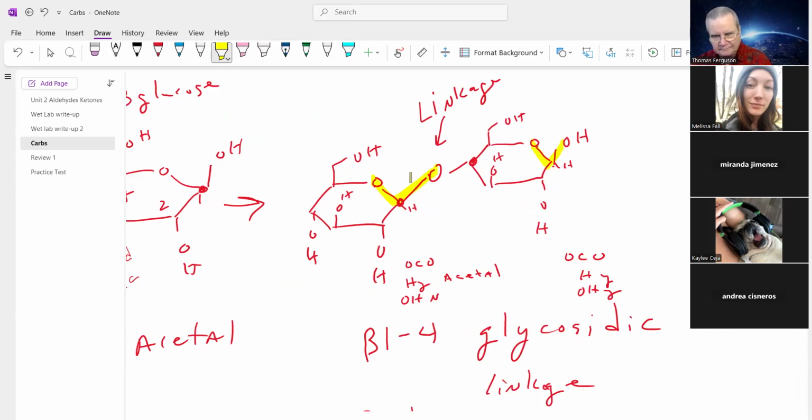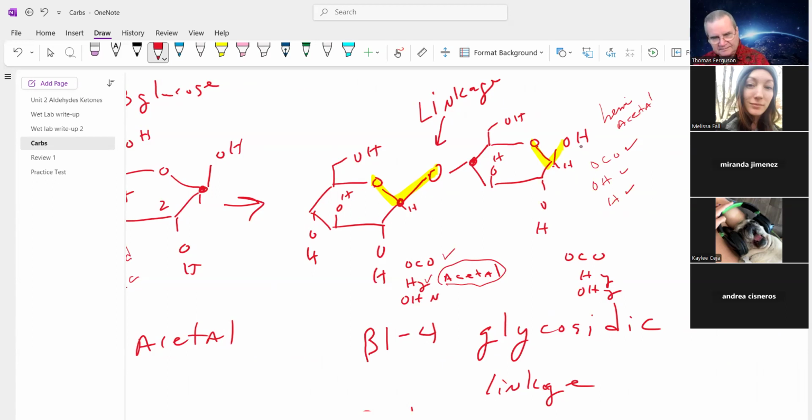They're not the same though, because this is on the right. This forms a hemiacetal. And this OCO down here, so we've got an OCO, we've got a hydrogen, that's a yes, and no OH. That means it's not a hemiacetal, it's a full-blown acetal. So acetals don't open up. Hemiacetals do.